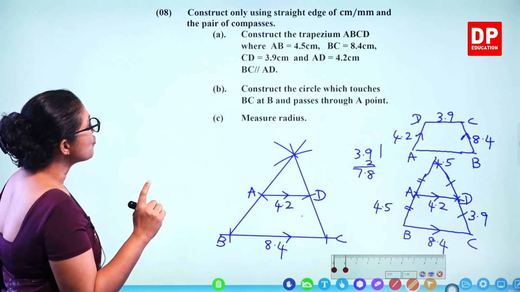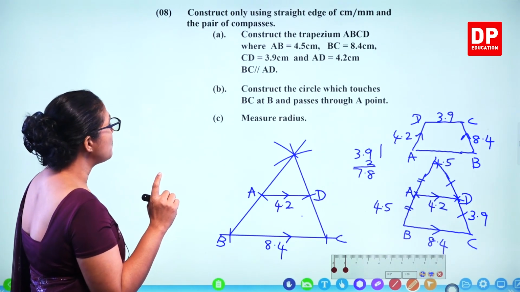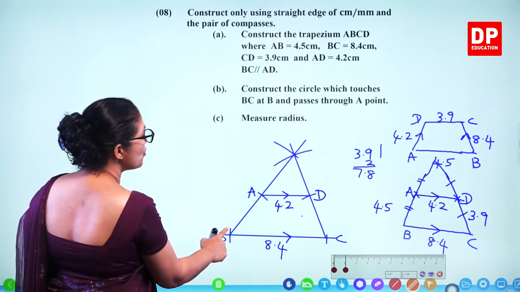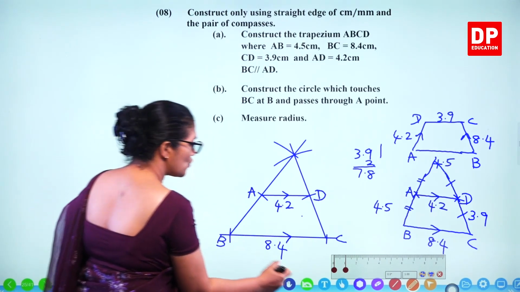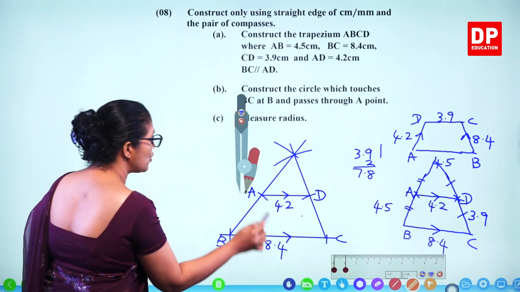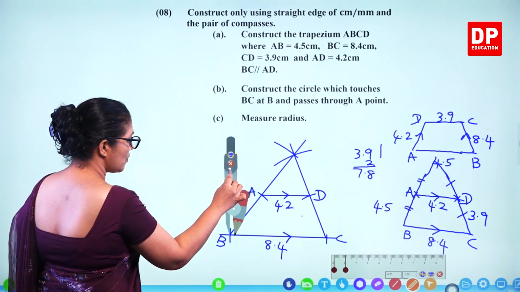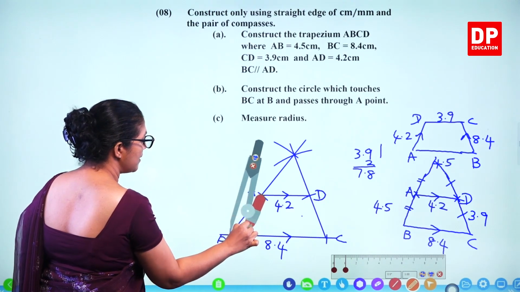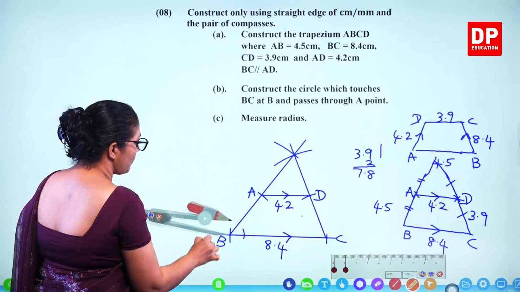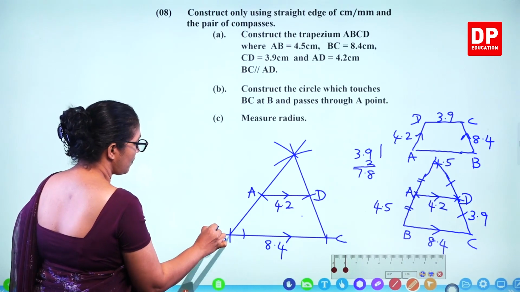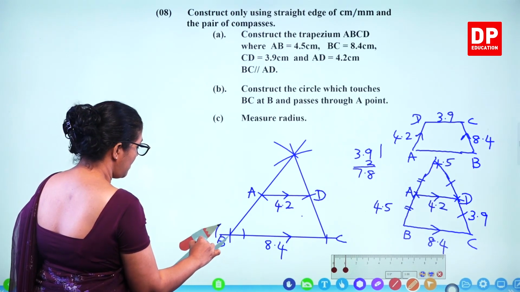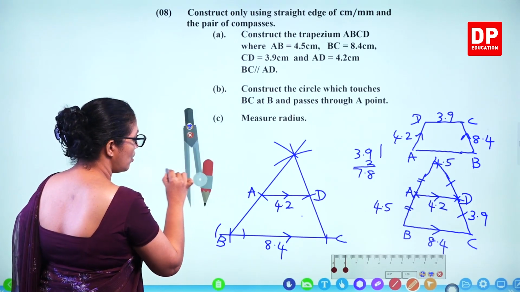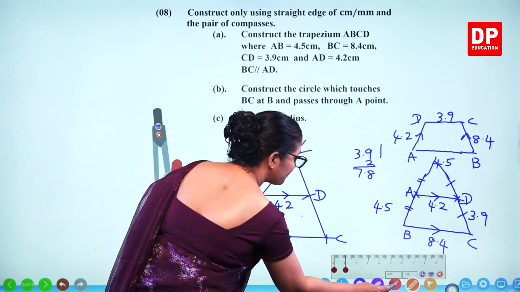And then construct the circle which touches BC at B and passes through point A. So that means first we need to draw a perpendicular at B. So we'll take this point and draw a perpendicular because it touches at B. And here we need to extend this line.